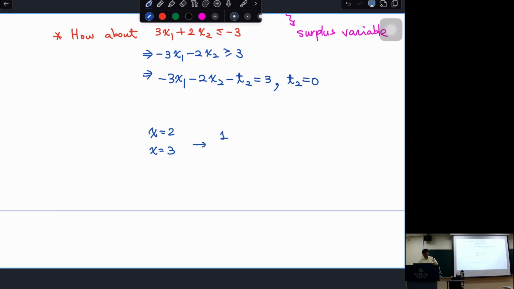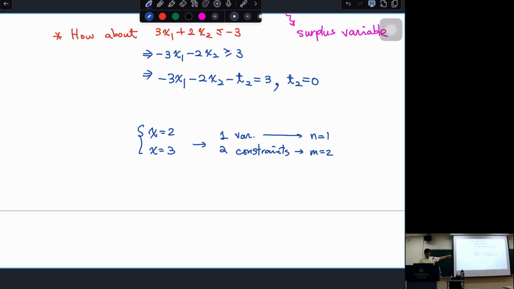One variable, two constraints. So this is n equals 1, m equals 2. But it's impossible. X cannot be both 2 and 3. It can only be 2 or 3. So these two constraints cannot be satisfied at the same time. That means you can never find the right solution.